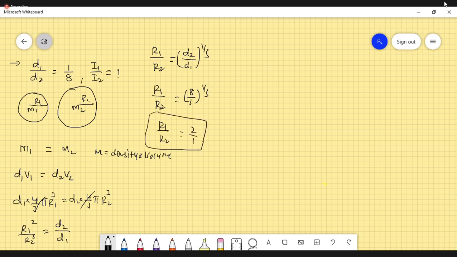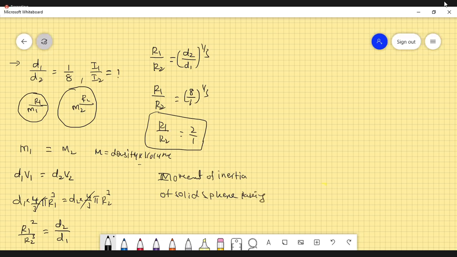So moment of inertia they are asking. Moment of inertia of a solid sphere equals what? Yesterday I told you to remember the moment of inertia of a solid sphere at its center, passing through its center of mass.